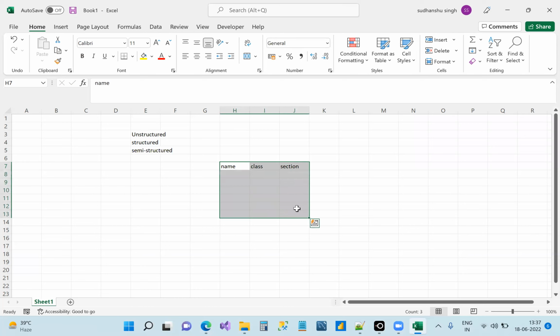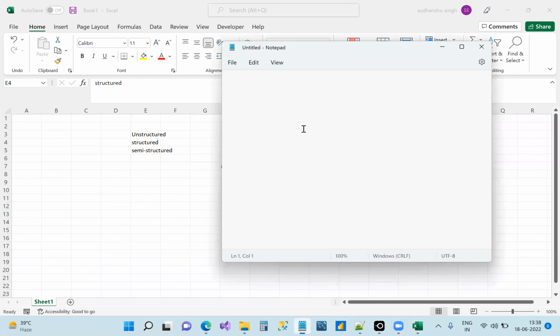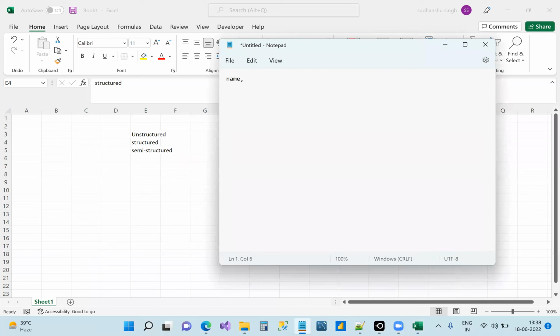And remember, it is not necessary to be in tabular form. Anything can be structured. Even a CSV file, even a text file, if it's written in a proper structured way. I'll write one text file for you, where I will write my document like this: name, section, class. Even this is structured because we know under name what the value will be.